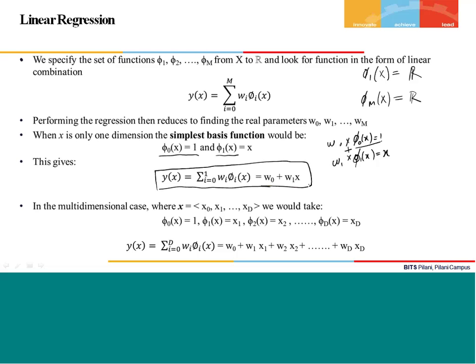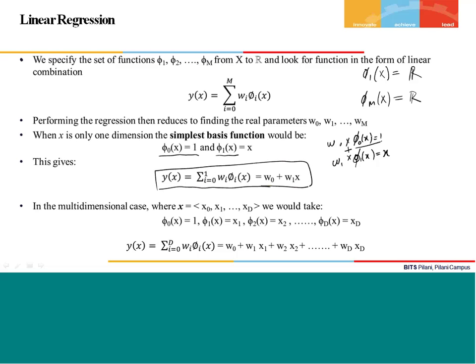But as you can see, there is no use of this basis function here, because we can already do these things without it. But from this example we can understand what a basis function actually is: we are converting x into higher dimensions.